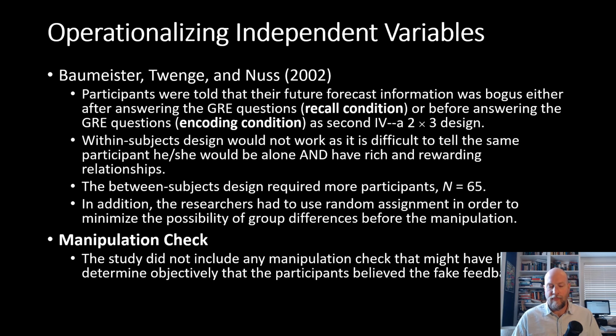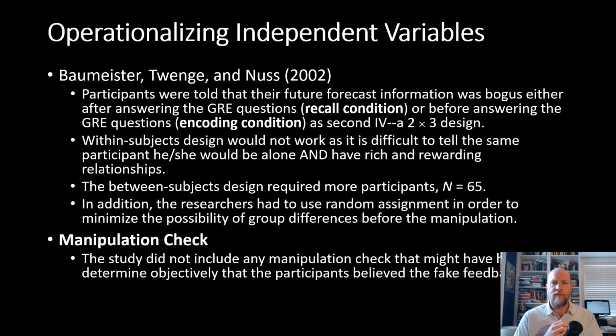A within subjects design, for example, would not work in this case, because you can't have someone told both before and after that this is bogus. You also can't have someone told that they're going to have all of these conditions without it muddying the waters and polluting the results. For example, it's difficult to tell them you're going to be alone and you're going to have a rich and rewarding relationship. That wouldn't make sense logically.